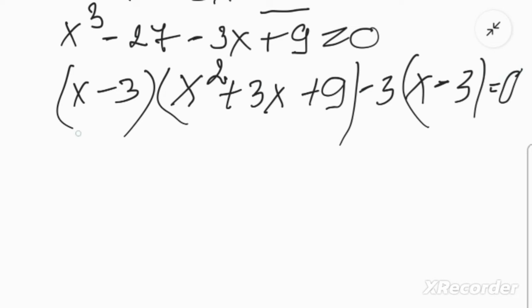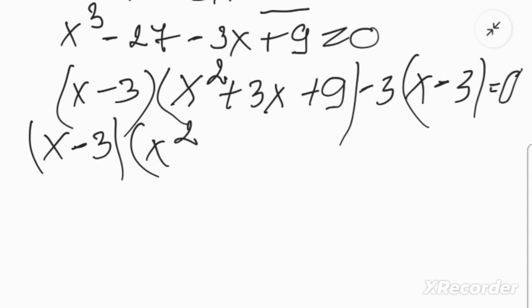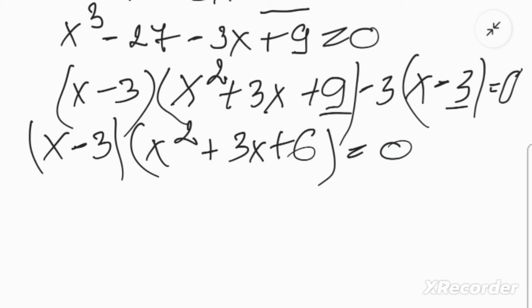In here we have (x minus 3)(x to the power of 2 plus 3x plus 6), because 9 minus 3 would equal 6, equals 0.